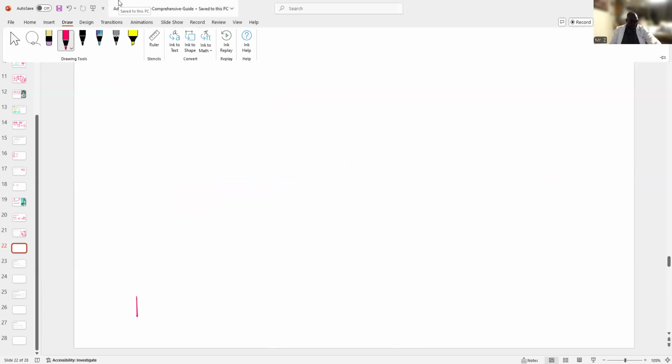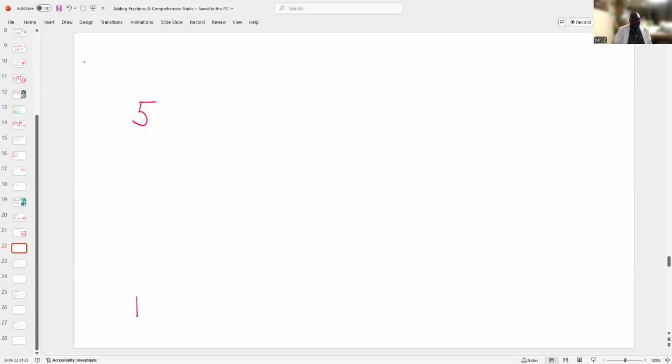So let's do a simple fraction, then multiply that one by a mixed number. Same concept. You gotta bring the mixed number to an improper fraction.